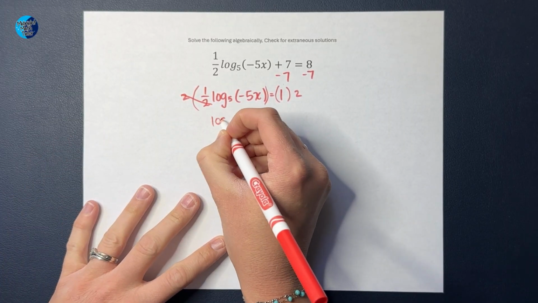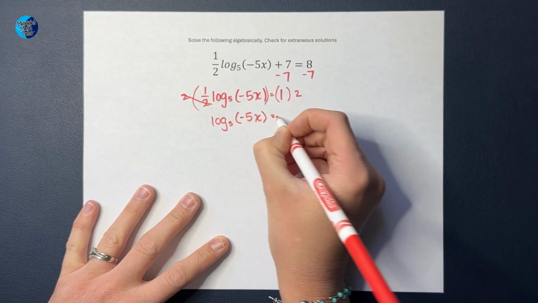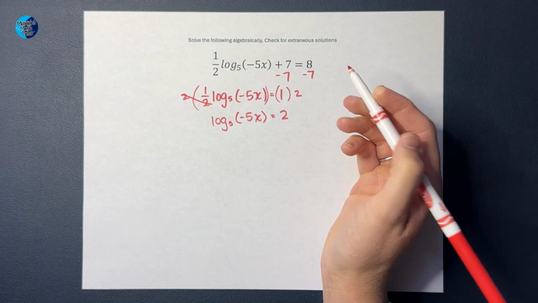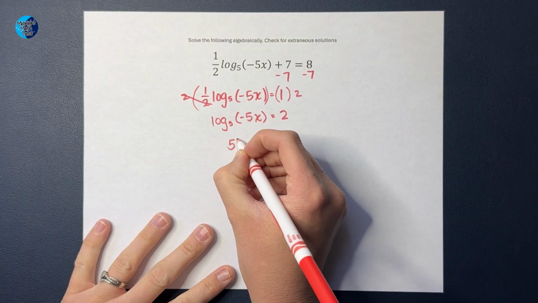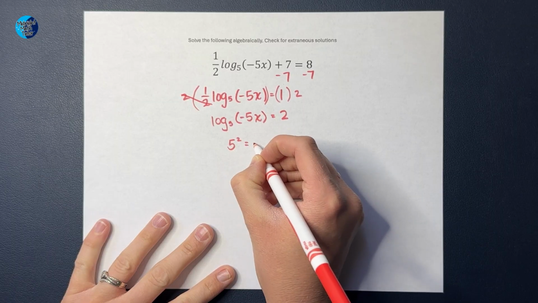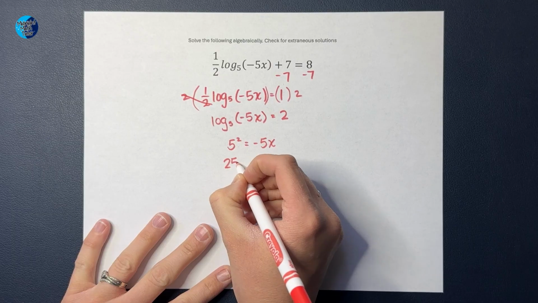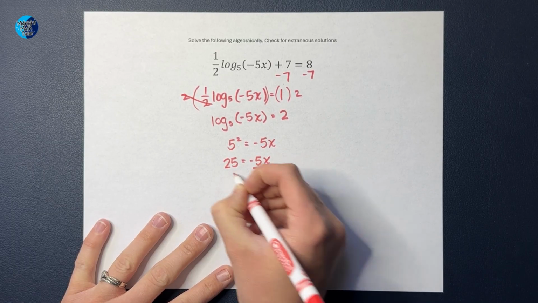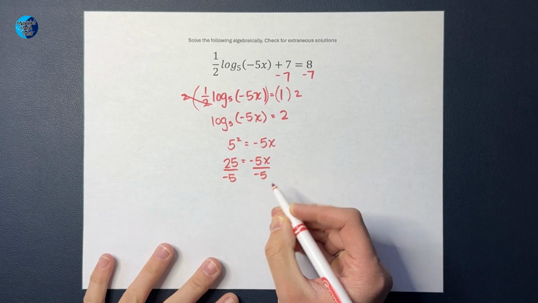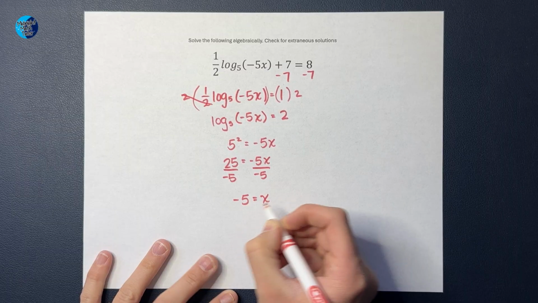So I'll have log base 5 of negative 5x equals 2. Now I can go ahead and rewrite this in exponential form. So I will have 5 squared equals negative 5x. 5 squared is 25. And then I just need to divide by negative 5. 25 divided by negative 5 is negative 5 equals x.